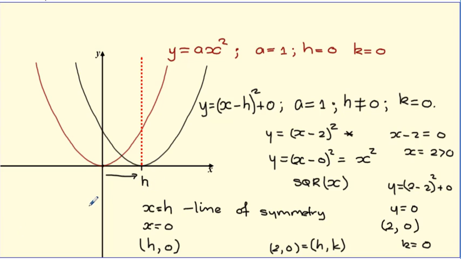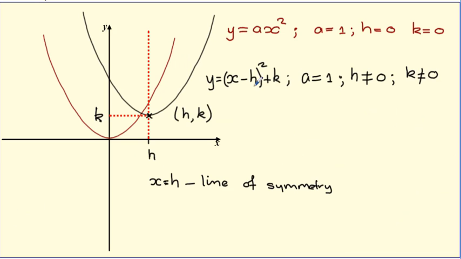In a different case, let's look now at the influence of k. In this graph, we're comparing the standard graph, which we can simply write as x squared, with a equal to 1 and h equal to 0, but now we consider the condition where a is equal to 1, h is different from 0, and k is different from 0.